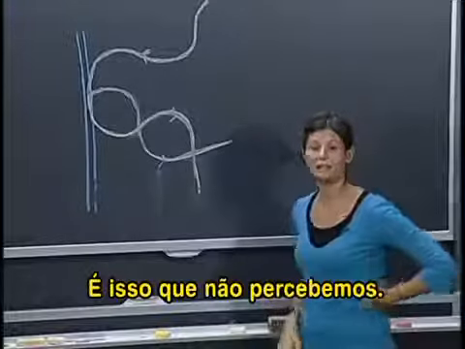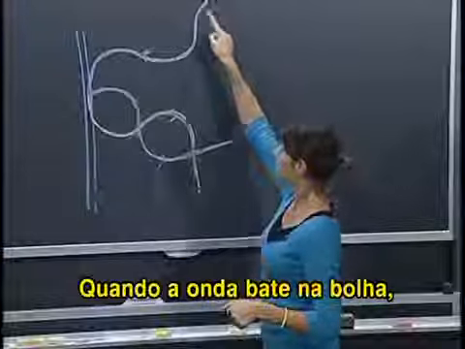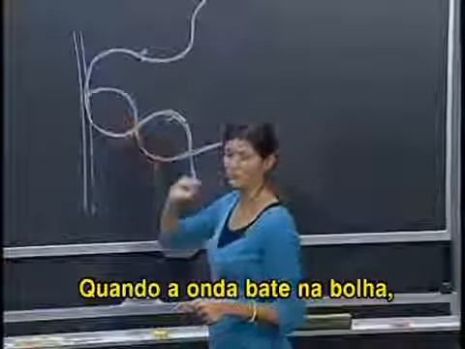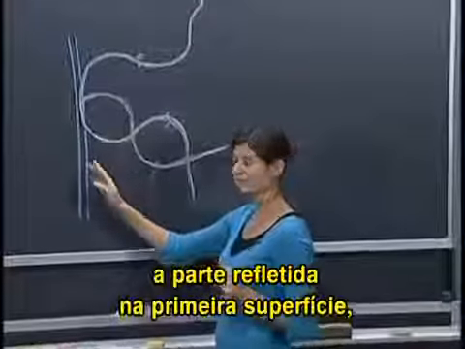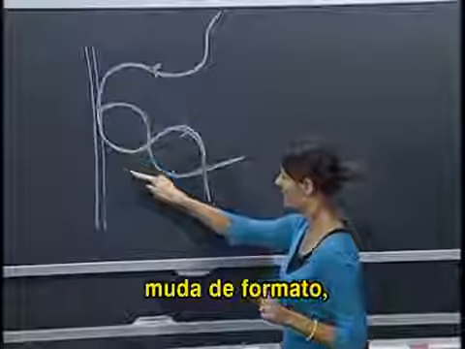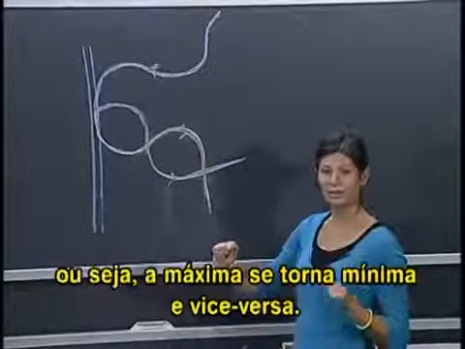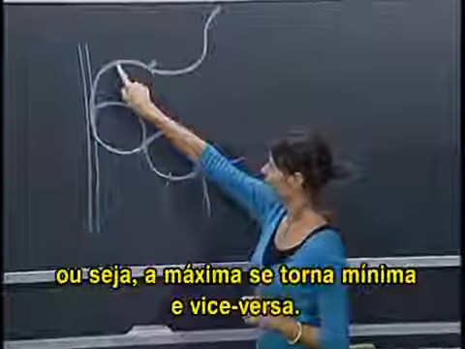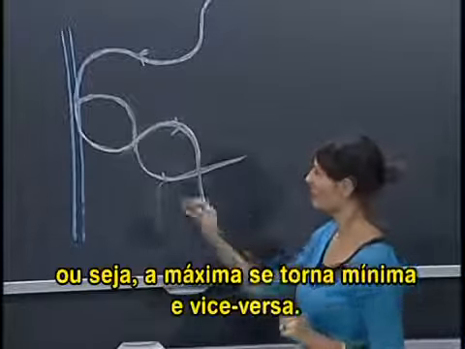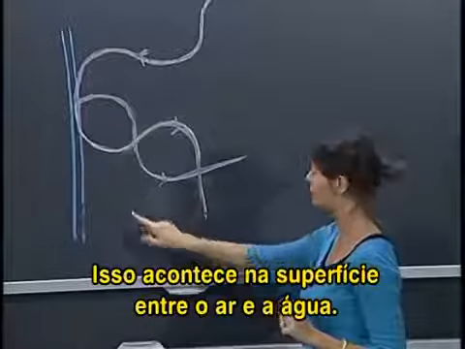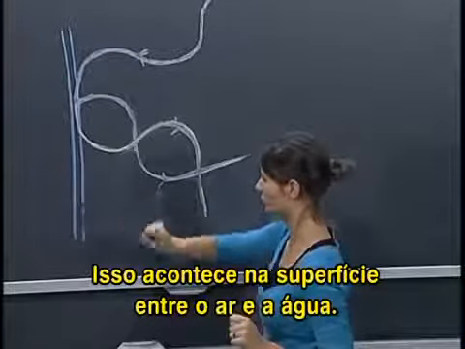And here is what we are missing. When we have the incoming wave, the part that is reflected at the first surface is changing phase. This means that the maxima become minima and vice versa. This happens at the surface between air and water.